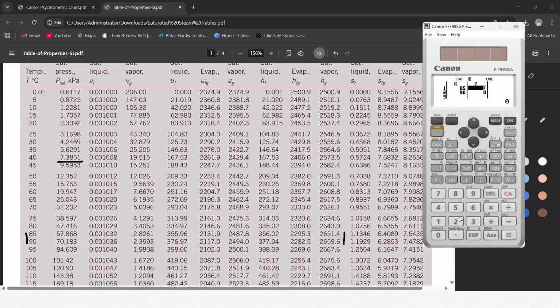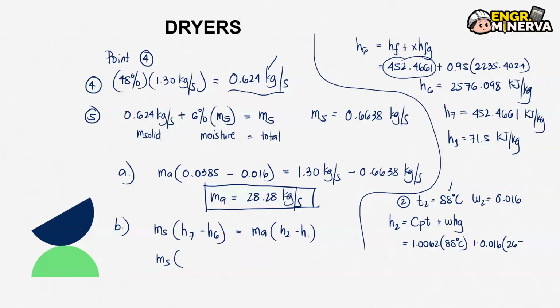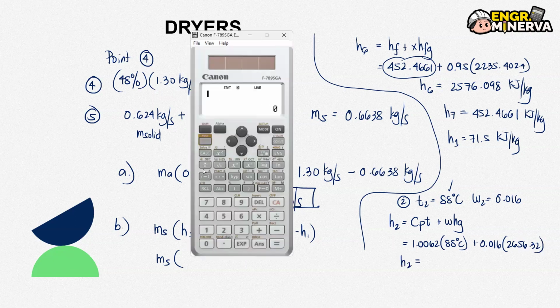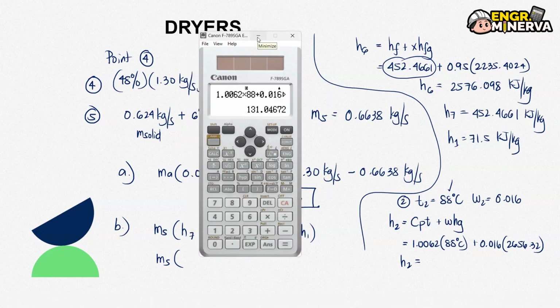At 85, that is 2651.4 and 2659.6. And at 88, that is 2656.32. So your H2 is 1.0062 multiplied by 88 plus 0.016 times 2656.3. That would be 131.0467.